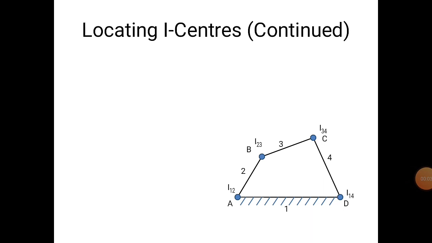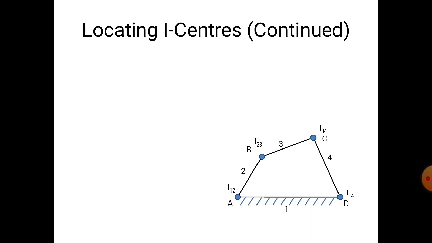Now we are going to locate the position of the neither fixed nor permanent ICRs, that is, the instant centers I13 and I24, by using Kennedy's theorem.